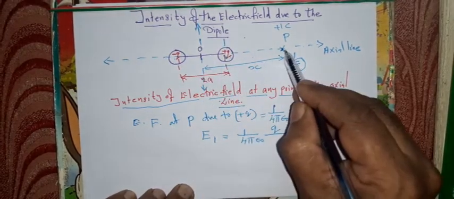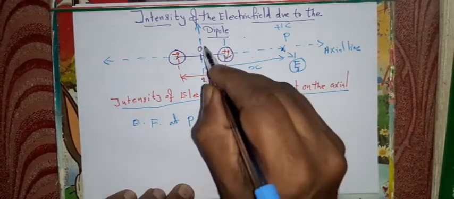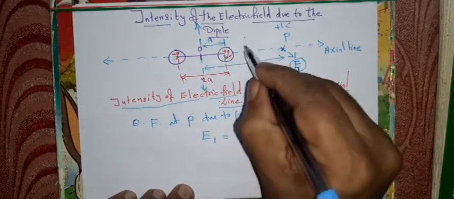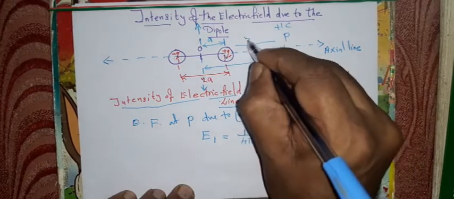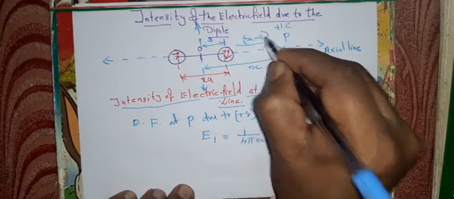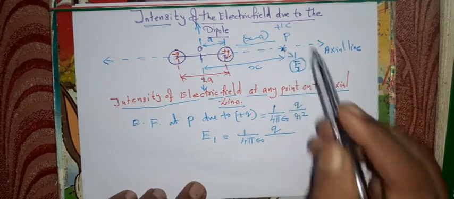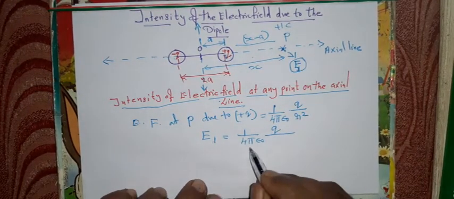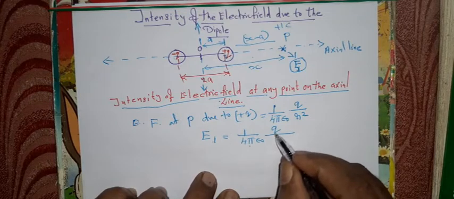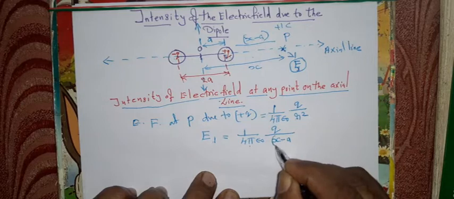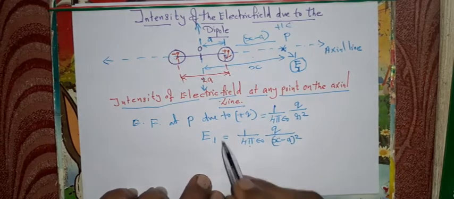OP is X, and this distance is the half length of the dipole, it is A. Therefore, this length is X minus A. In short, the distance between plus Q and P is X minus A. Therefore, E1 is equal to 1 by 4 pi epsilon 0 into Q divided by X minus A the whole square. It is a vector quantity.